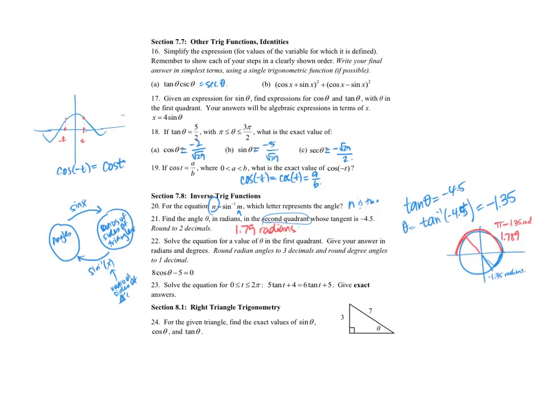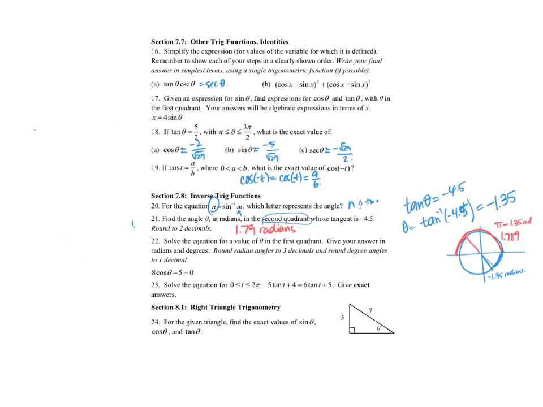Solve the equation for a value of theta in the first quadrant. I want the answer in radians and degrees. Round radian angles to 3 decimals and round degree angles to 1 decimal. All right, so if I manipulate this, I can add the 5 over and divide by 8, so I get cosine theta is equal to 5 over 8. And I want it to be in the first quadrant.